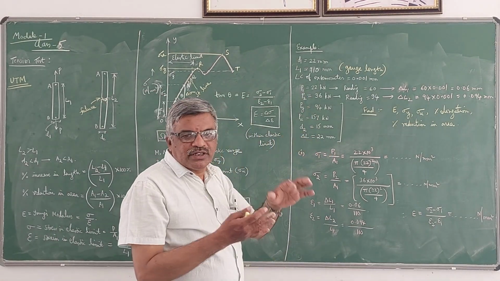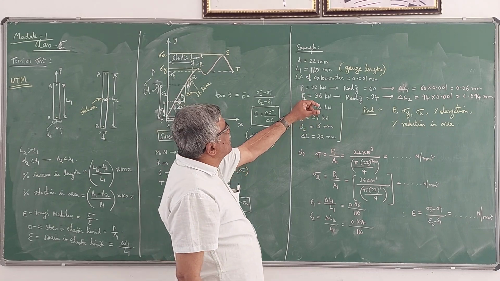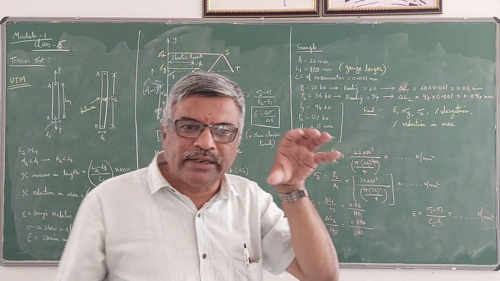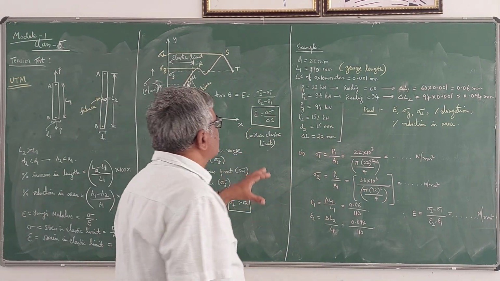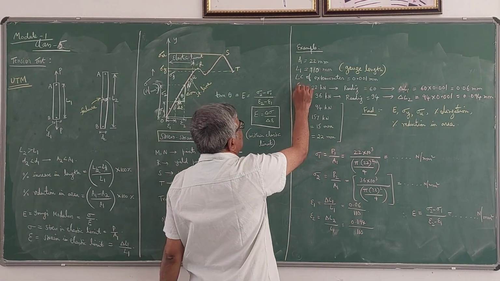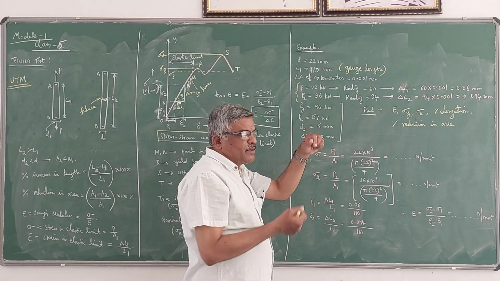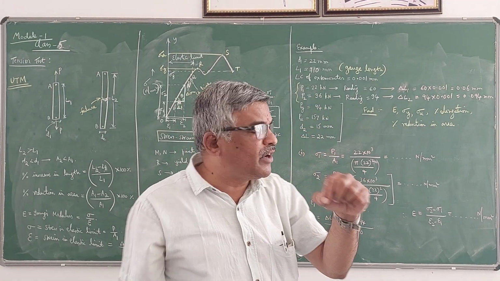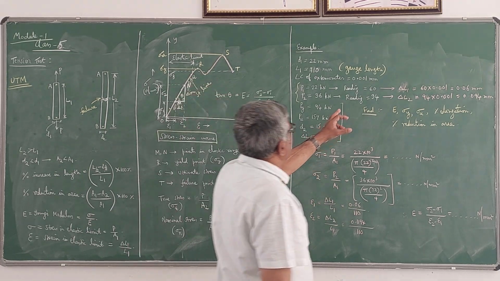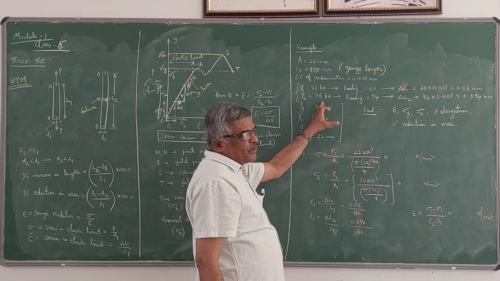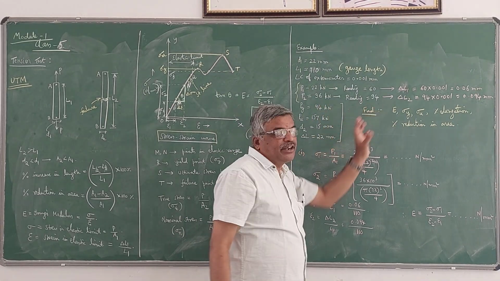Now a tension test is conducted on that particular specimen, and loads and extensometer readings are recorded. Here he has given two readings. When the load P acting on the specimen is 22 kilonewton, the corresponding extensometer reading is 60. And when the load is 36 kilonewton, the extensometer reading is 94.